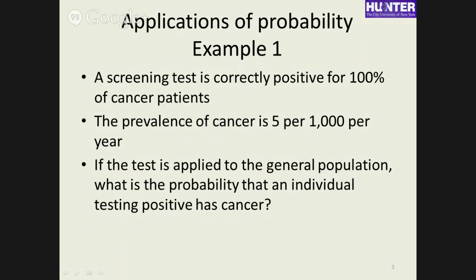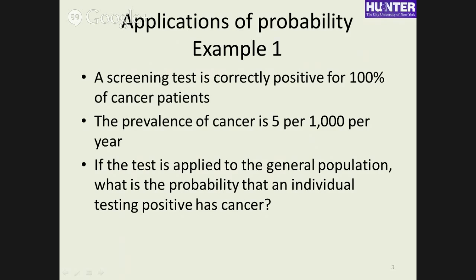So let's start out with an example of a screening test for cancer. Now, let's say we have a screening test that is correctly positive for 100% of cancer patients. So that means that if you have cancer and you take this test, it will confirm that you have cancer.